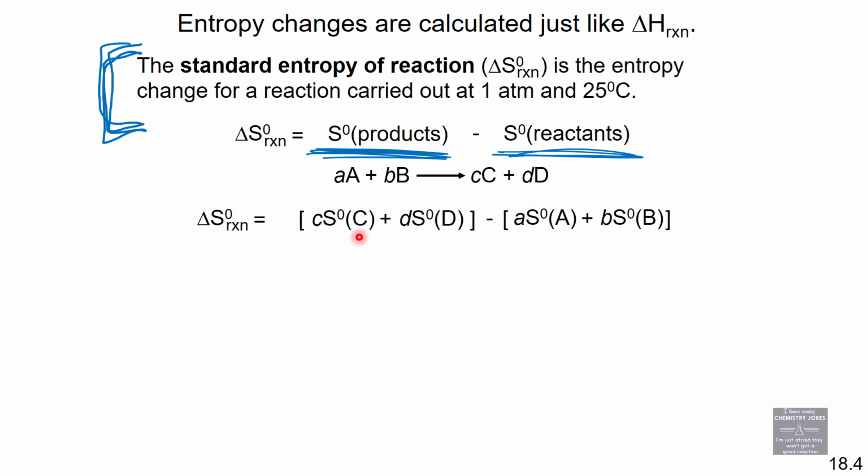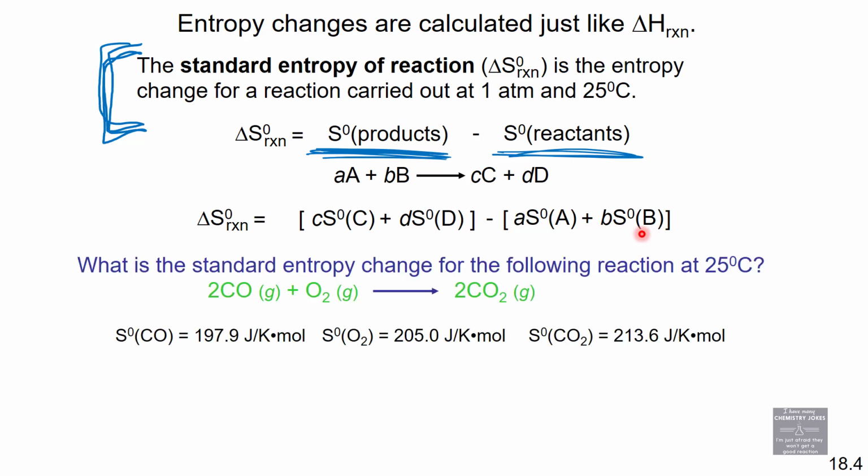So what I'm saying is, the coefficient in front of C times the standard entropy of compound C, plus the coefficient in front of D times the standard entropy of compound D, sum together the whole entropy of the products, and subtract out the total entropy of the reactants. The coefficient times the value from the back of the book, plus the coefficient times the value from the back of the book, right? Let's do it with an actual mathematical example.